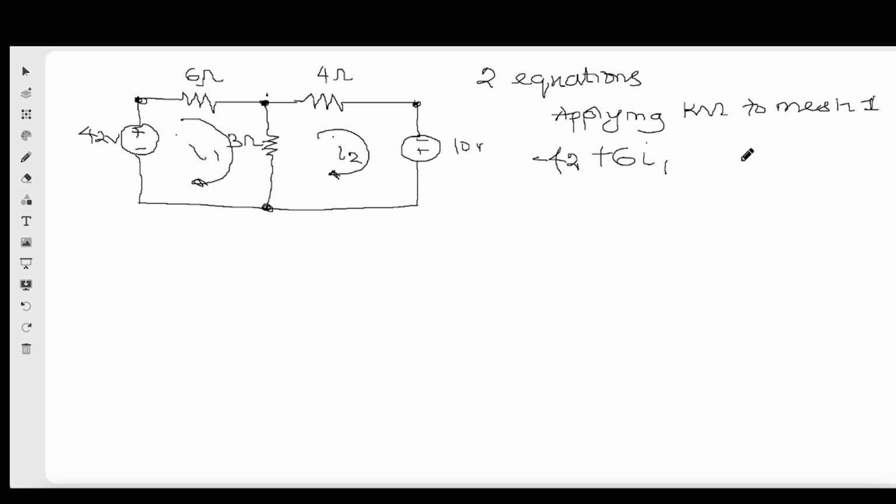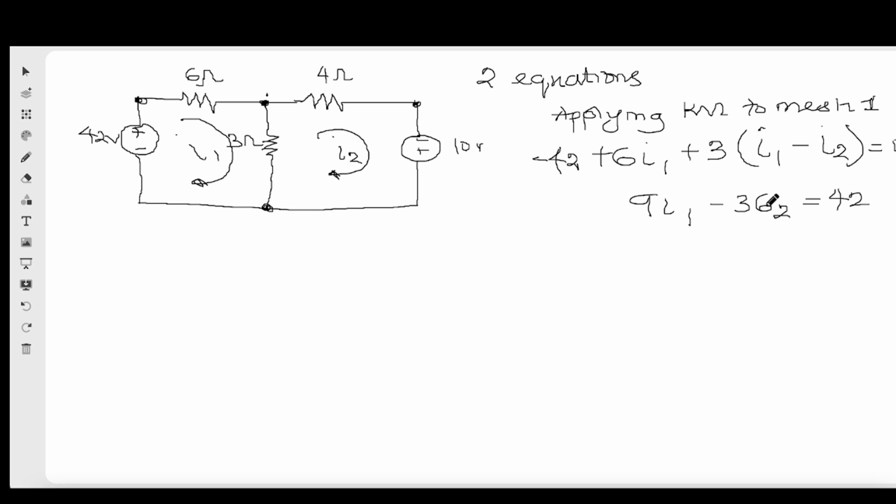So I2 will carry the negative. By Ohm's law, it is resistance multiplied by current. I1 is having the positive, minus I2 is carrying the negative, equals 0. If you rewrite this, we have 9I1 minus 3I2 equals 42.